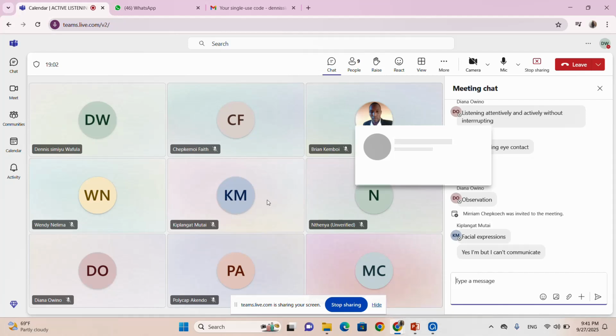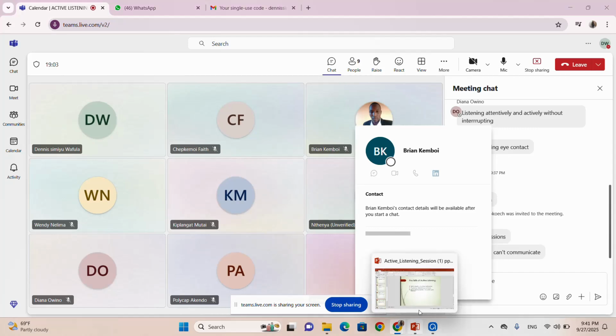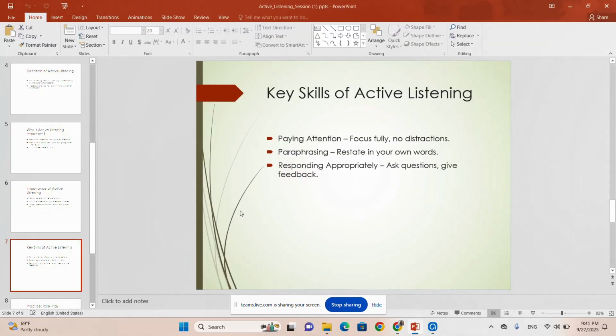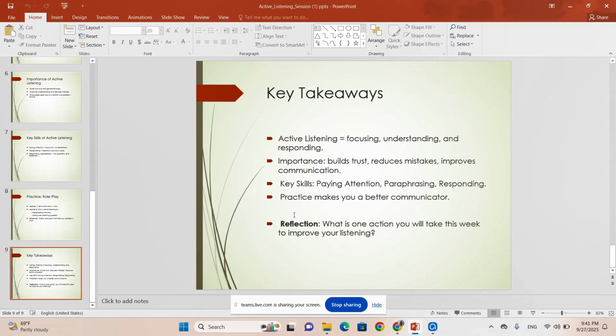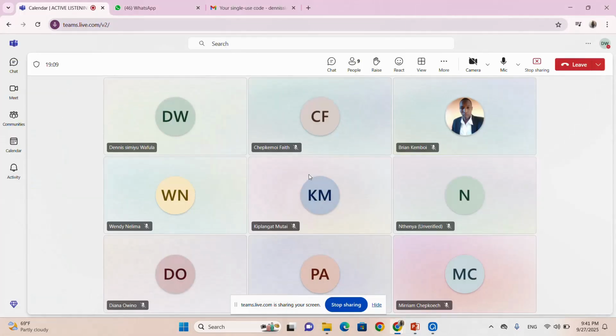Let's go. Any volunteer? Any volunteer to tell us a story, in about a minute, in 2 or 3 sentences, while the other one will be listening.